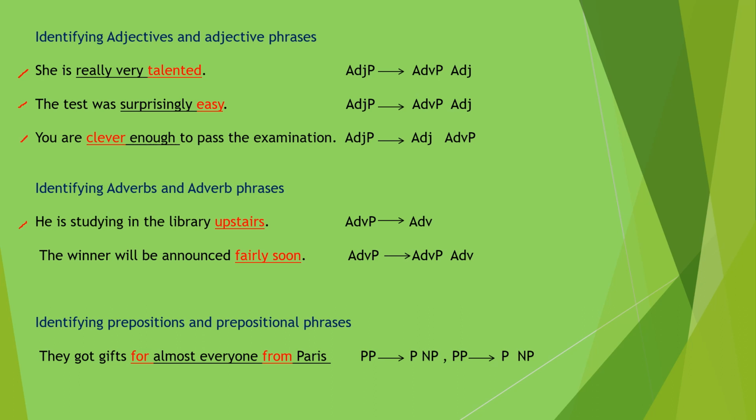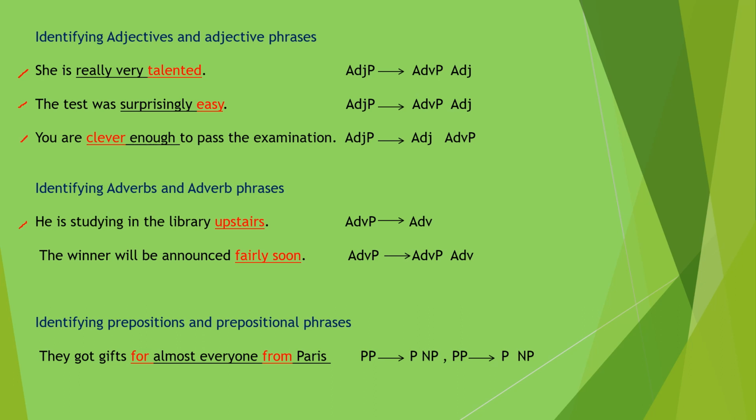So the adverb phrase "upstairs" is divided into the adverb "upstairs." Basically it is a rule to first write it as a phrase and then divide it into the constituent or smaller unit. Even though it is a single word, you still have to write it in this form.